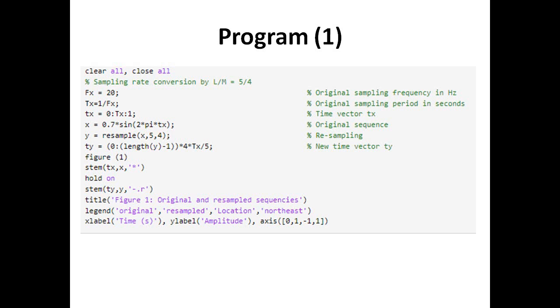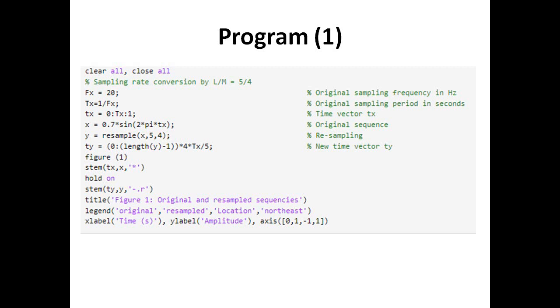So 4 into tx divided by 5 will give you the time vector at which the signal will be viewed. Then we can see how the original samples and the resampled sequences are plotted, with respect to their locations and their amplitude values.